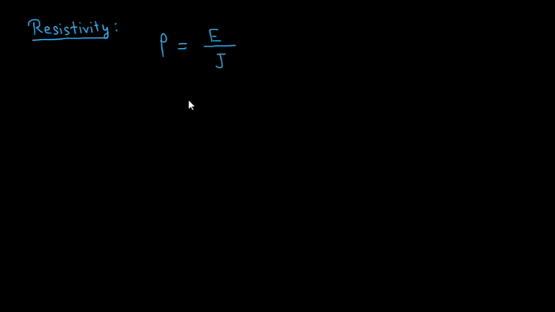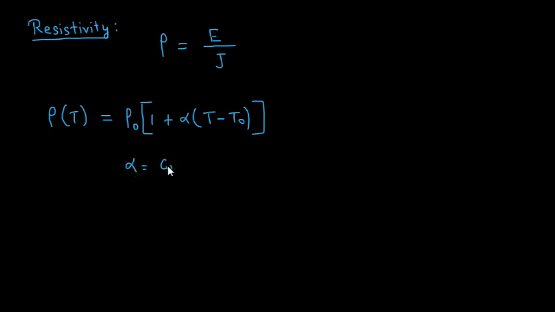For small temperature changes, this variation is represented approximately by the equation rho(T) is equal to rho naught times 1 plus alpha times T minus T naught, where alpha is the coefficient of resistivity. So alpha is equal to the coefficient of resistivity.